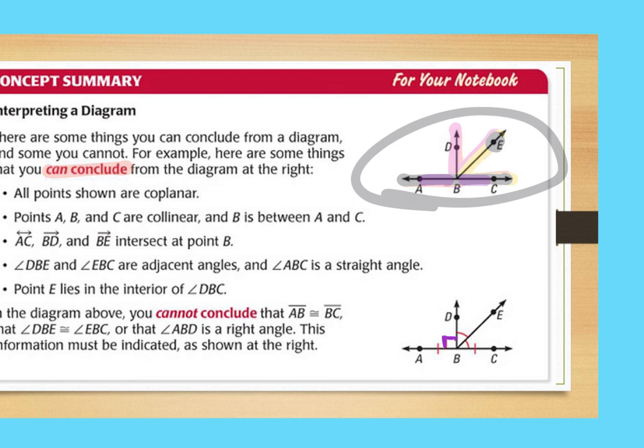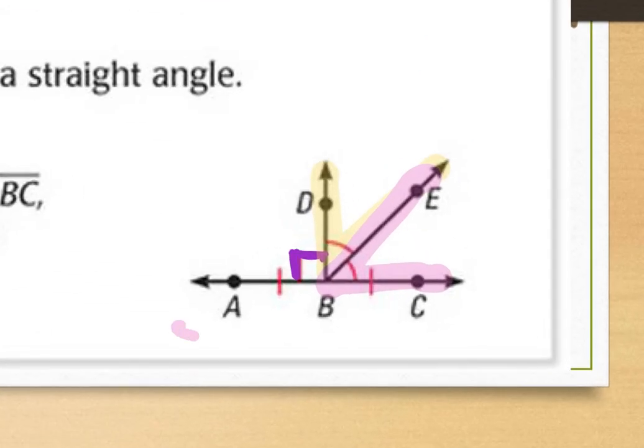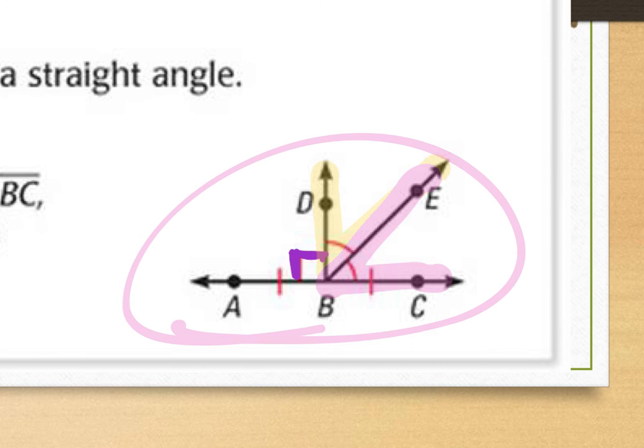And you cannot conclude that angles DBE and EBC are congruent just because they look congruent. Unless you physically saw all of these marks, you cannot make those decisions. Something that just appears to be right cannot be assumed to be 90 degrees. You would have to have the perpendicular mark, or it would have to say somewhere that it's a right angle.